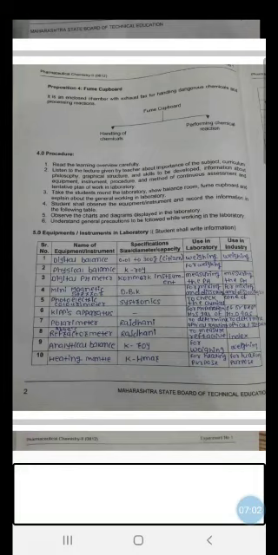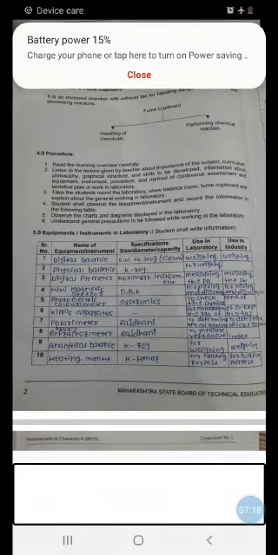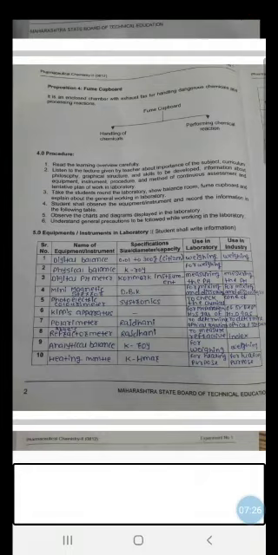Then Kipp's apparatus. This Kipp's apparatus is used for the preparation of H2S gas. Then polarimeter, manufactured by Rajdhani Instruments, used for optical activity studies and determination of optical rotation. Then Abbe's refractometer, again manufactured by Rajdhani, used to measure refractive index.